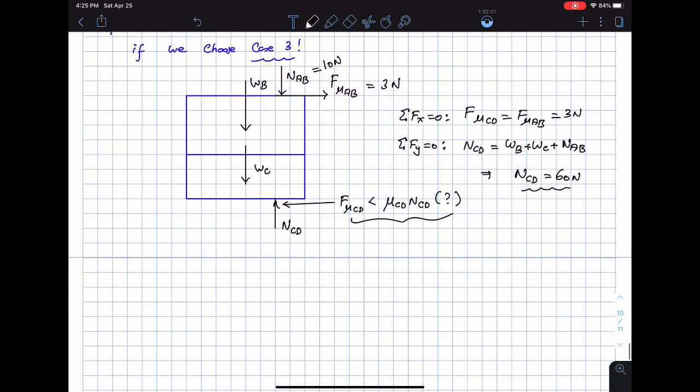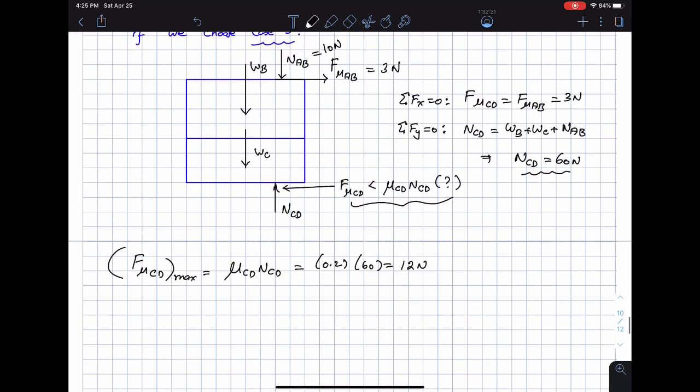Okay, and now I have to test and see. F mu CD max, which is equal to mu CD times NCD, is going to be the following: 0.2 times 60, which is equal to 12 newtons.